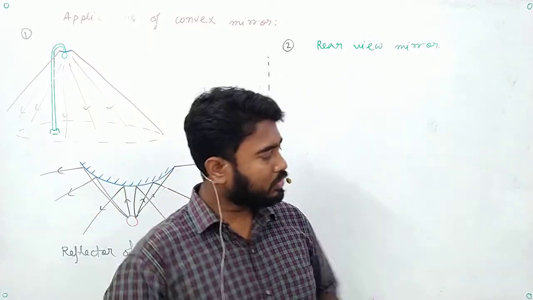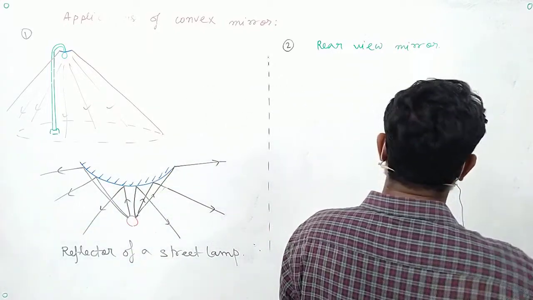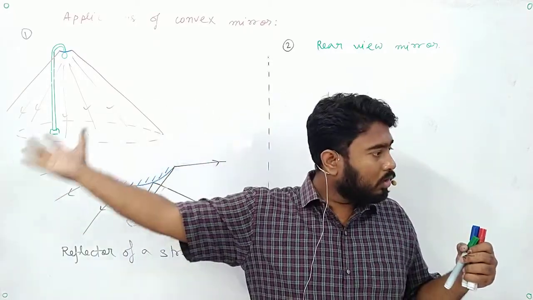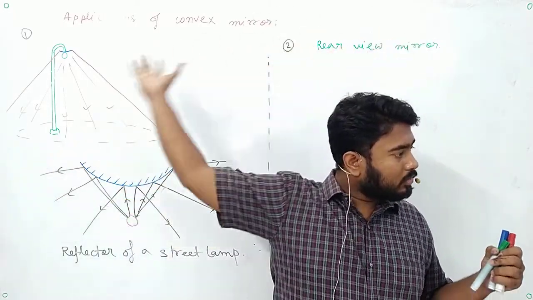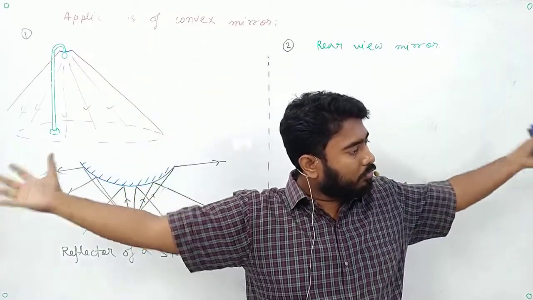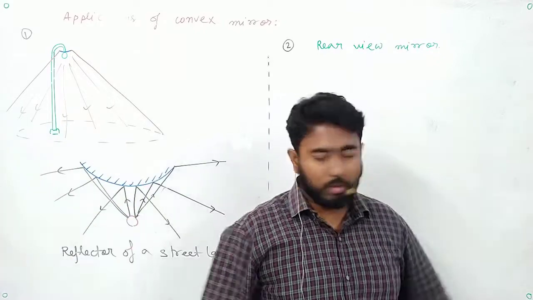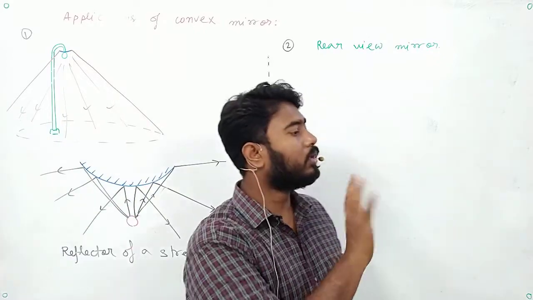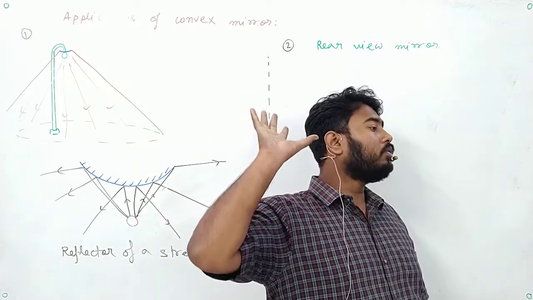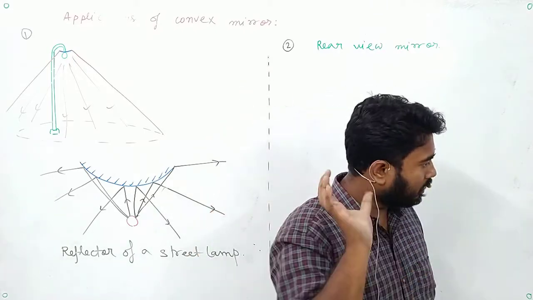We look at the mirror and we can see a lot of view in that mirror. But if we look directly backward, we won't be able to see that.